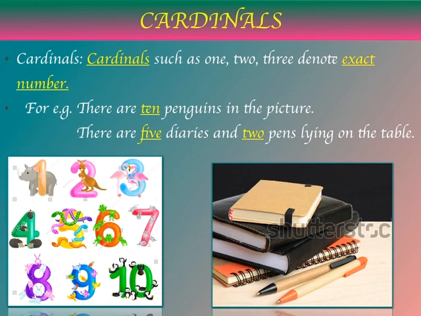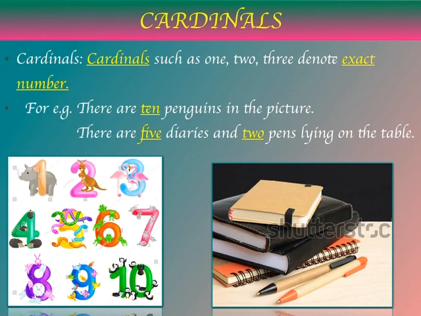So you get the answer 5. So 5 is a cardinal. And in the same way, when you ask how many pens are lying on the table, you get the answer 2 pens. So the word 2 is describing the noun pens, and so it is a cardinal.